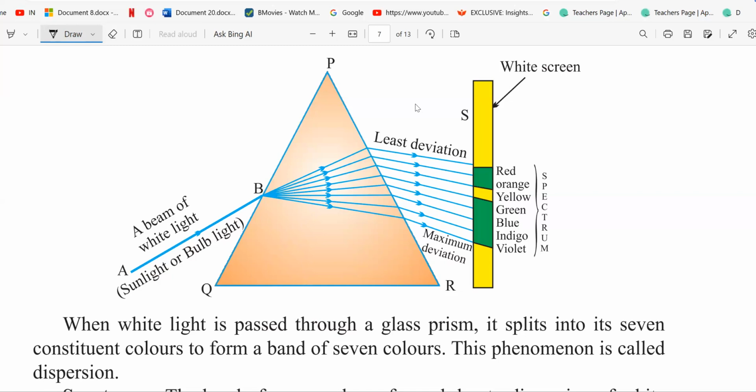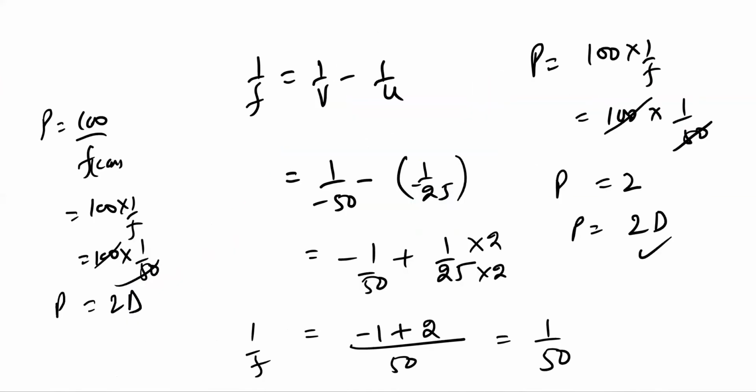And if light is traveling like this at some angle here, let me explain in detail how this happens, and why the light is split into 7 colors when it passes through a glass prism.